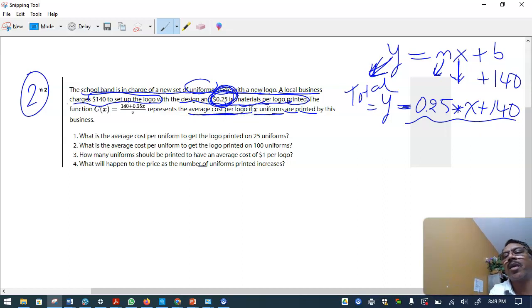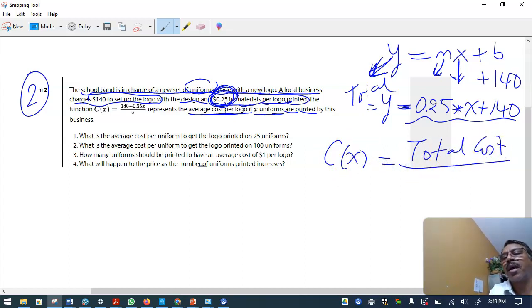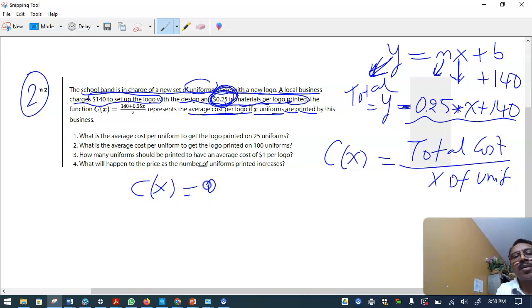That means for each one of them, and that's why they wrote C of x. It's always the total cost divided by x, the number of uniforms. So that's why C of x becomes equal to the total cost, 0.25x plus 140, and then you divide by x.